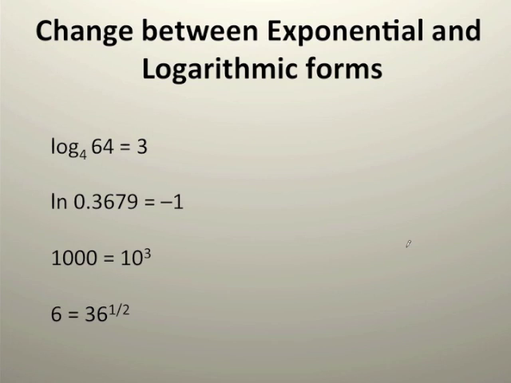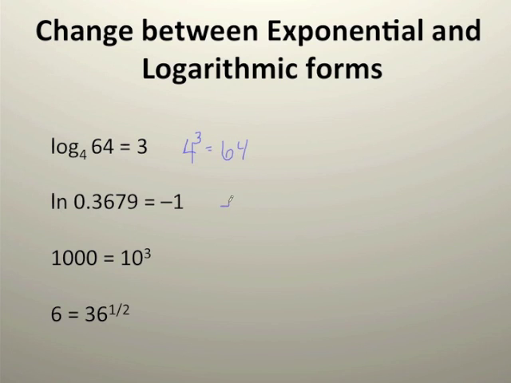It's also important to be able to change between exponential and logarithmic forms. Log base 4 of 64 equals 3. We're just doing more practice of switching those. We did some earlier. Let's do some more practice. The base is 4. The exponent is 3 to get 64.